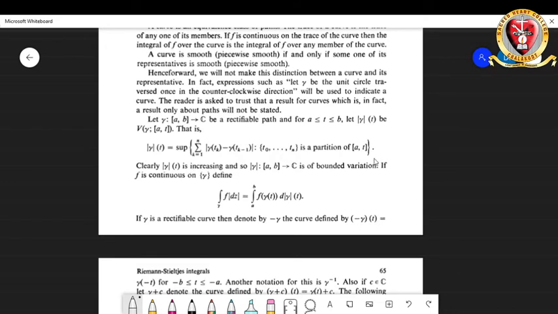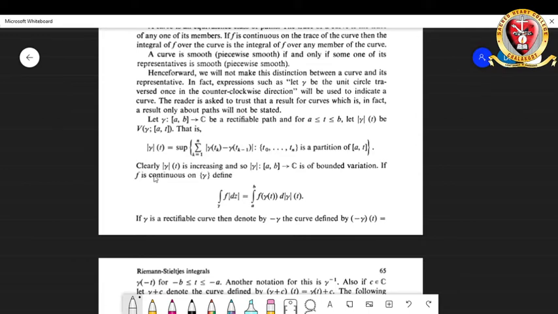So when t is made to increase between a and b, definitely the set will increase. The supremum of a larger set tends to be larger, so the modulus of gamma of t will increase with increasing t. Also, this modulus of gamma is a function of bounded variation.